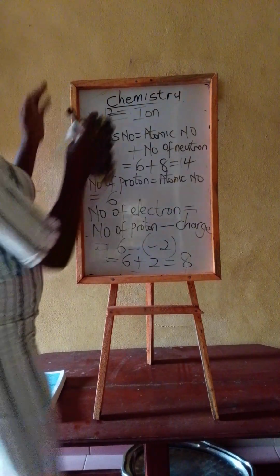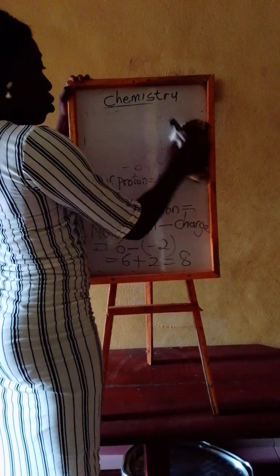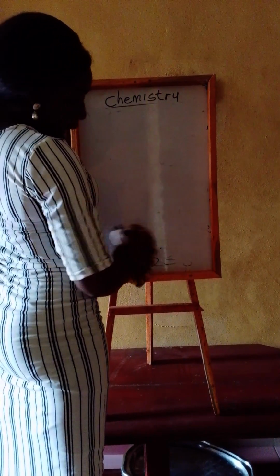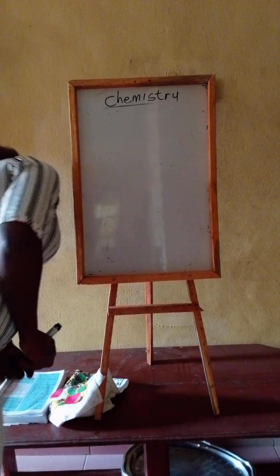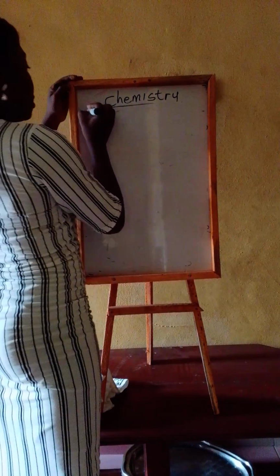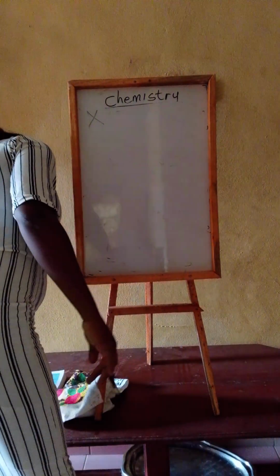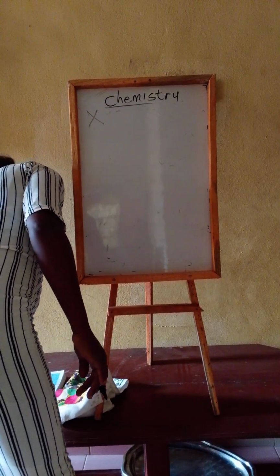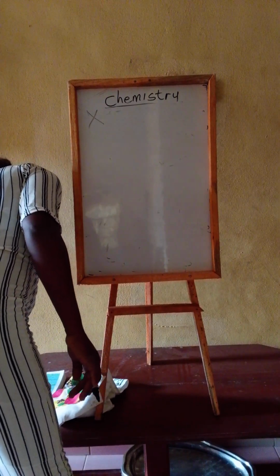We'll take another example. We have X. So we have the mass number equals 25, and we have to find the atomic number.